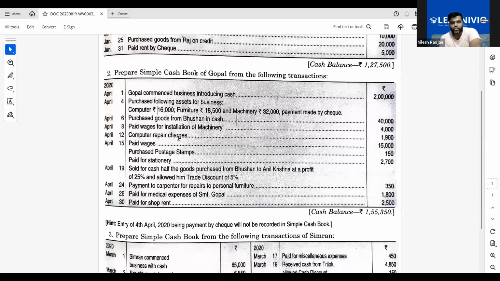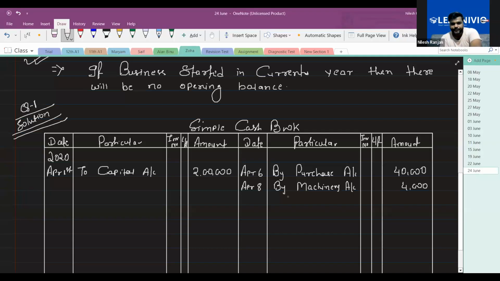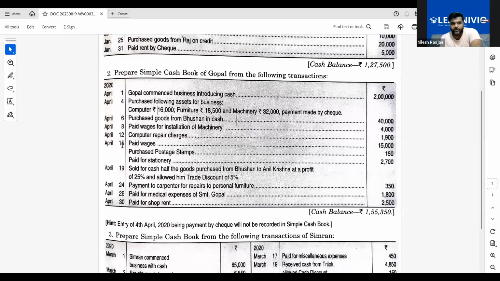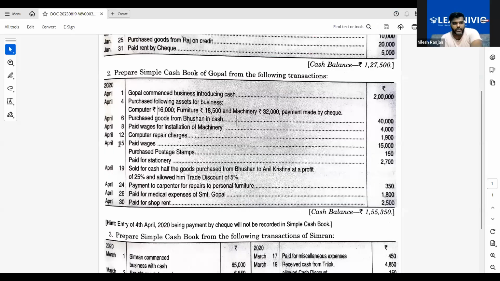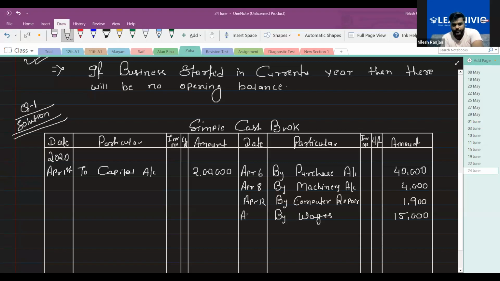After that, computer repair charges 1,900. So by computer repair, it will be 1,900. Then paid wages 15,000, by wages, 15,000, on April 12 and April 15.